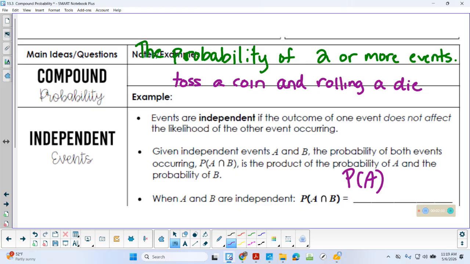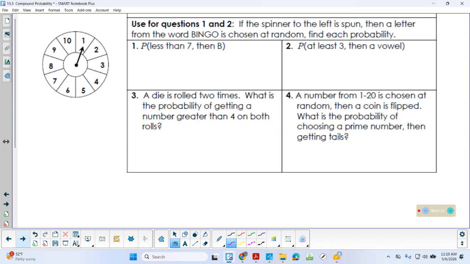Remember, that's going to be a fraction. Now, for dramatic emphasis, you multiply by the probability of the second event. So if you have 2 fractions today, we are multiplying them together. That is the exciting math we are going to be doing.